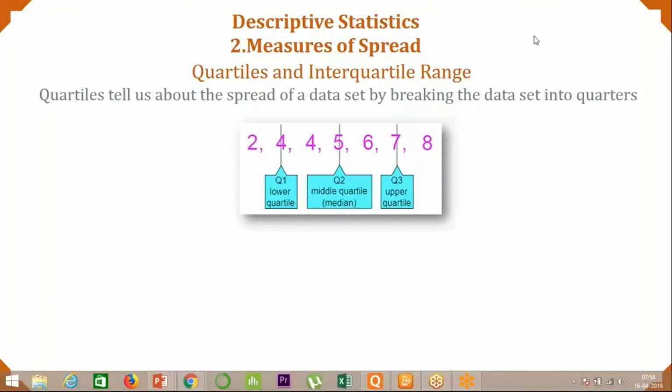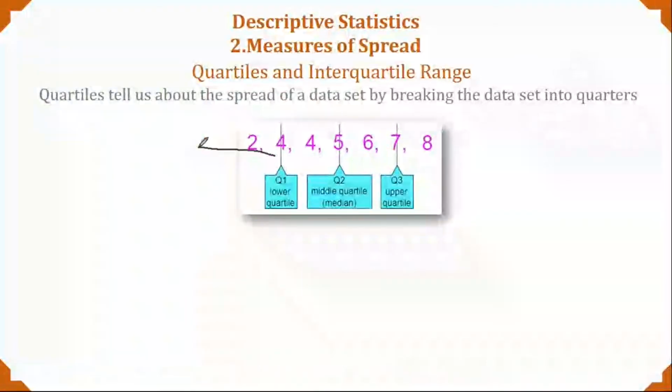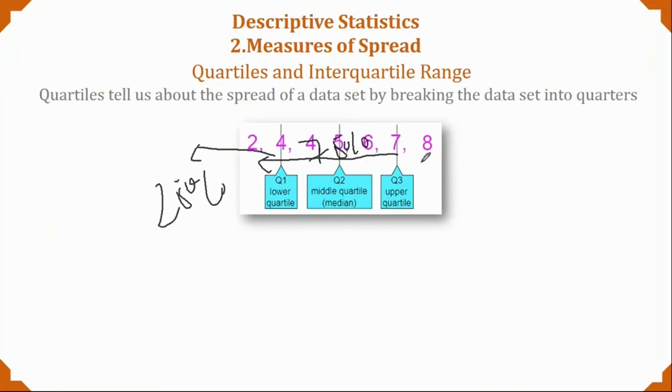Then what is the second quartile? We have another name for this one, the median. As discussed, this splits the whole data into two equal parts. Next comes the third quartile. 75 percent of the data values are smaller than the third quartile, and the remaining 25 percent of the data values are larger.